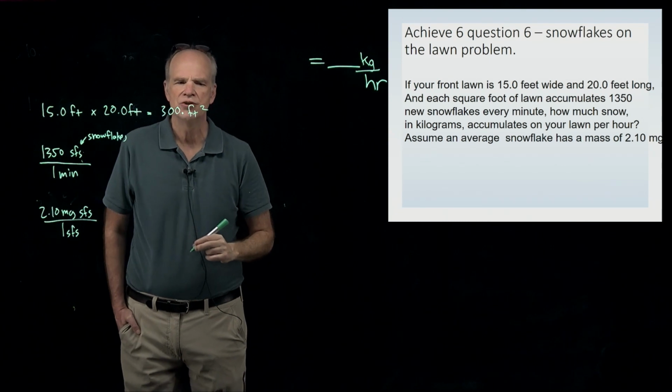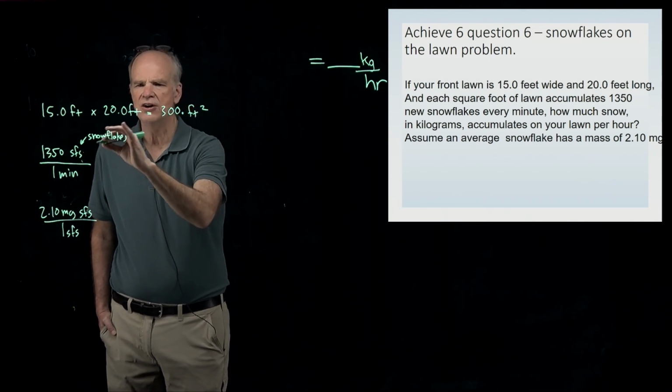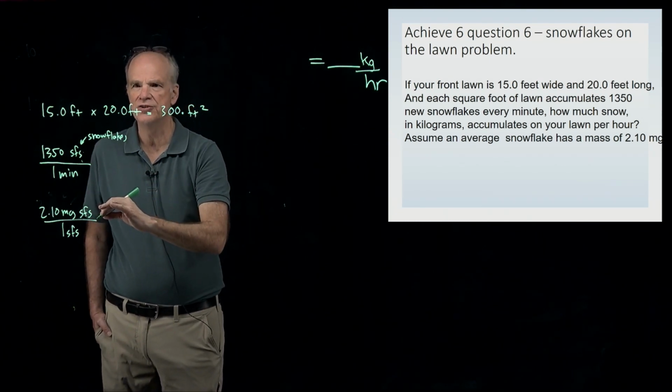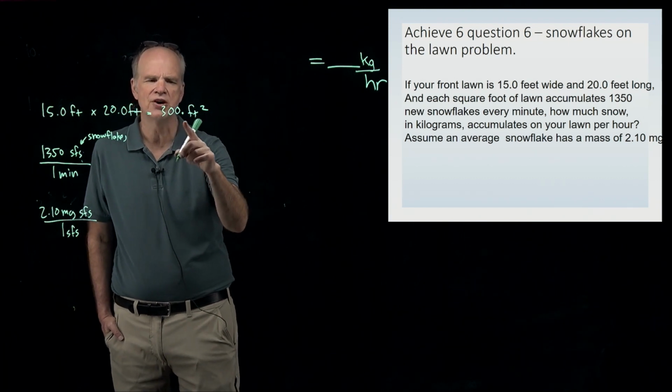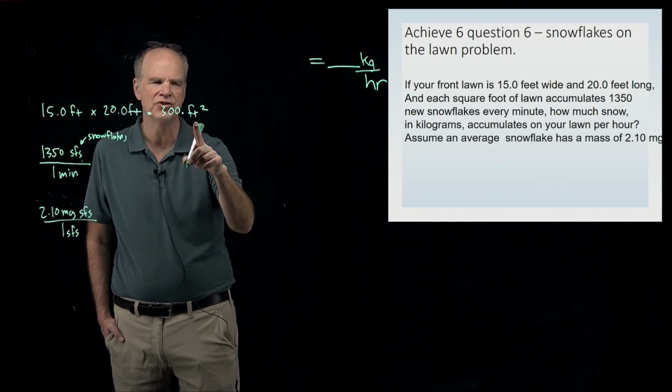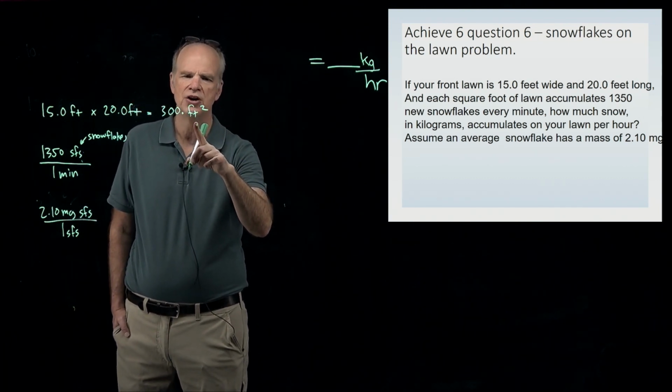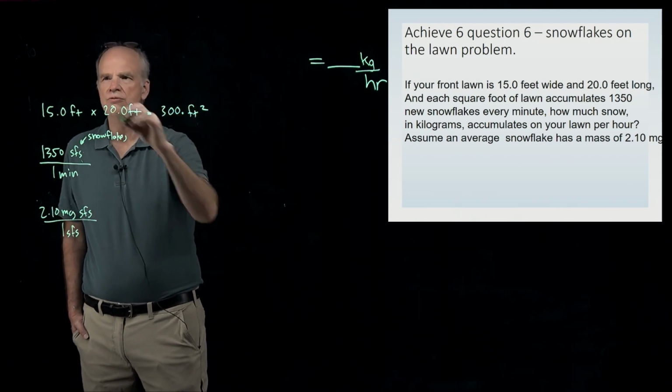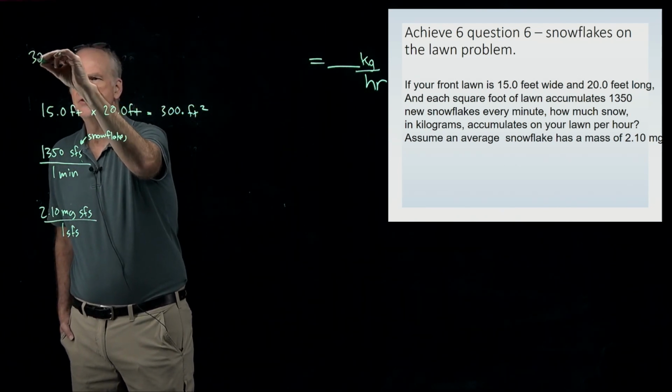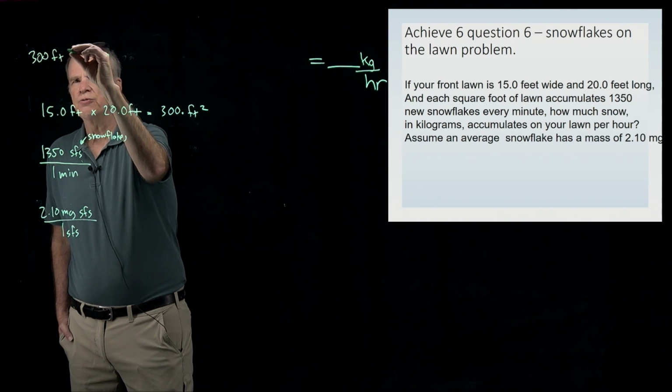Okay, so again, you can probably start out with any of these numbers as your starting point, but let me just start out with this area first, and I think the problem becomes a little bit easier to solve if you do that. So I'm going to start out with 300 feet squared of lawn.